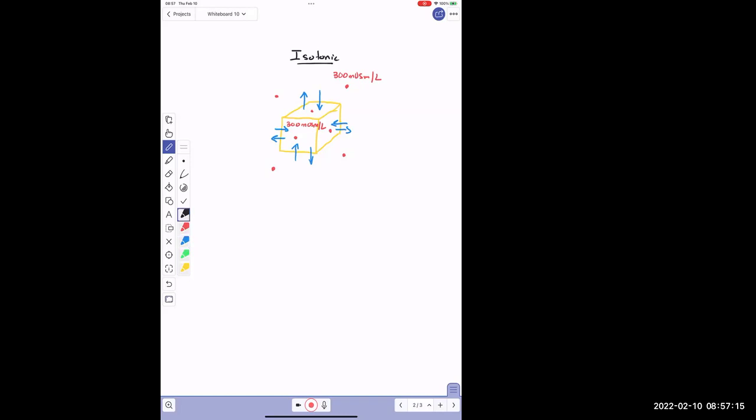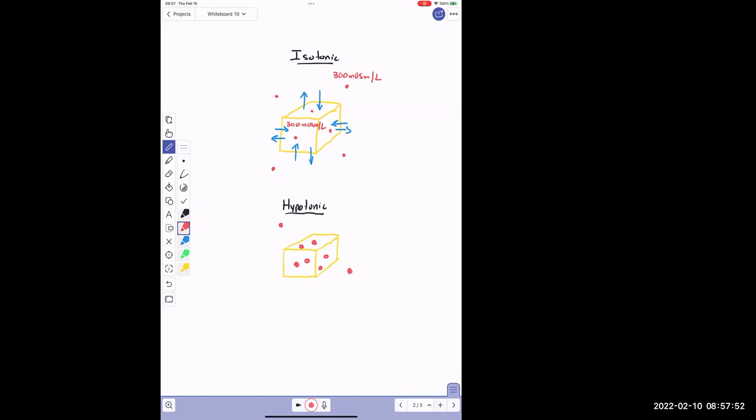Now, on the other hand, I can have something called a hypotonic situation. And I'm going to talk about that in reference to this cell again. So I'm going to draw the cell here. And again, the cell has some solute dissolved in it, and then there's some solute dissolved outside of the cell.